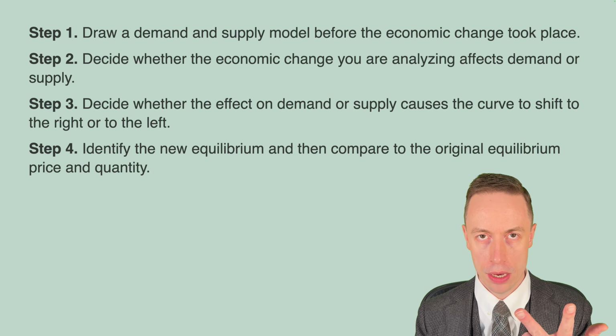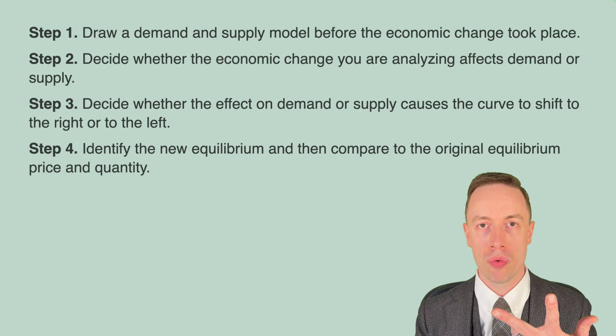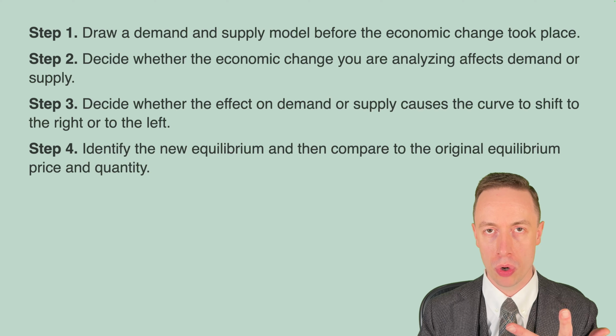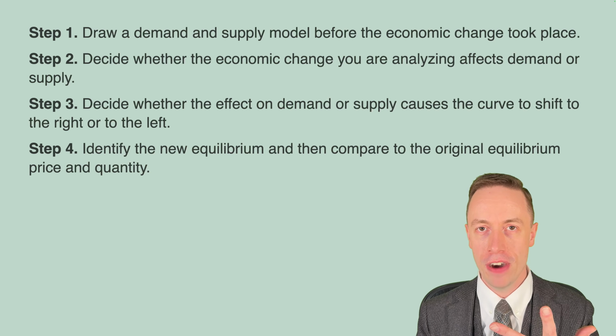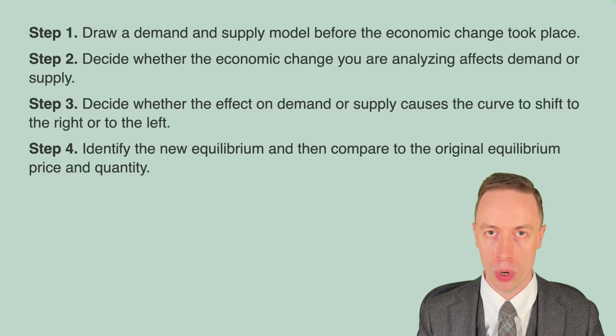Step 3, the curve that's being affected, shift it in the correct direction. Depending on if we're talking about an increase, we're going to go to the right, decrease, go to the left. And finally, once we've shifted the curve in a direction, we of course end up with a new intersection, a new equilibrium.